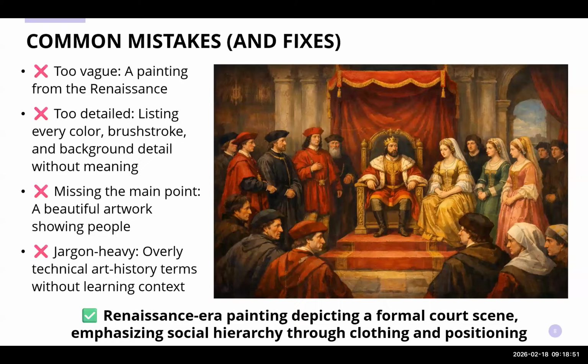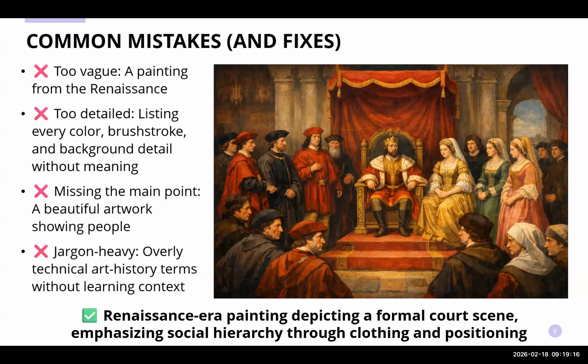Then we have the opposite problem, that is being too detailed. Sometimes we get excited and try to describe every color, every tiny brush stroke, every object in the background. But if those details are not connected to the learning goal, they can actually overwhelm the students. So more detail does not always mean more clarity.